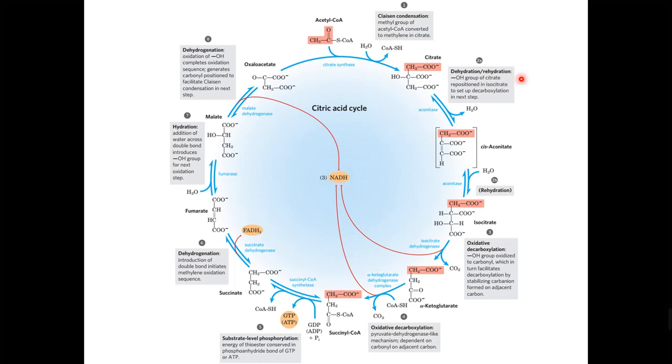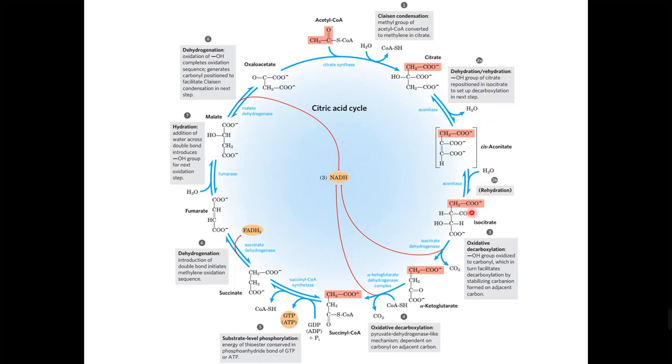An intermediate is formed, called cis-aconitate. This cis-aconitate is an intermediate, that means it is not a stable molecule, and it is further rehydrated into the stable molecule isocitrate. Aconitase is involved in the conversion of citrate to isocitrate, and this is an intermediate, that is why it is given in brackets. This is liberation of water and absorption of water, that is dehydration and rehydration.